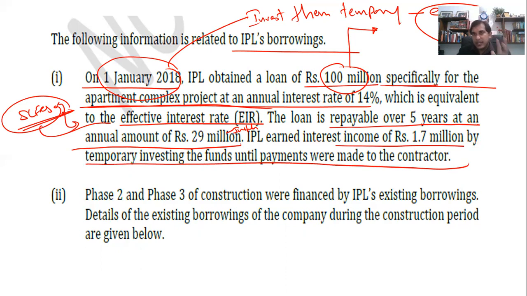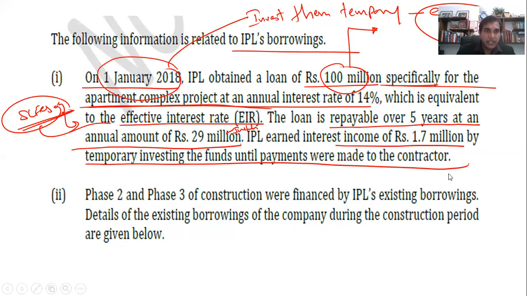So they are using that particular loan, 100 million, to construct this apartment complex. The entire loan would be utilized for the building, not for other purposes. Therefore, you can recognize borrowing cost on this particular building. So how are you going to do that?